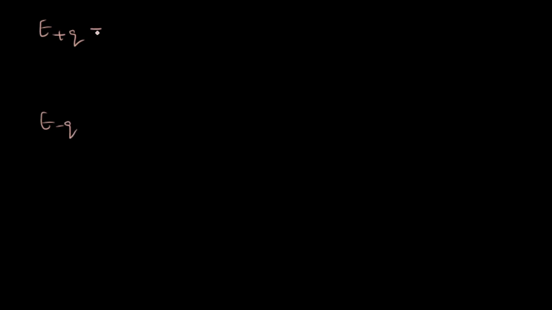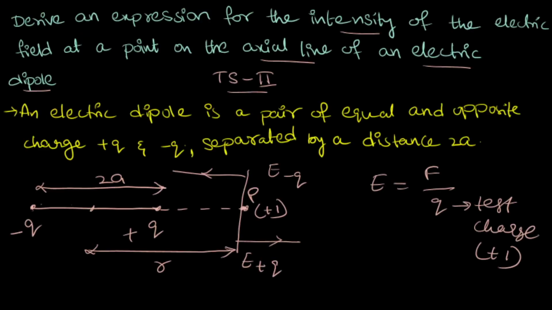The electric field due to the positive charge is 1 by 4 pi epsilon naught into Q into the unit positive charge, divided by the square of the distance between these charges. What is the distance between the positive charge and this unit positive charge?